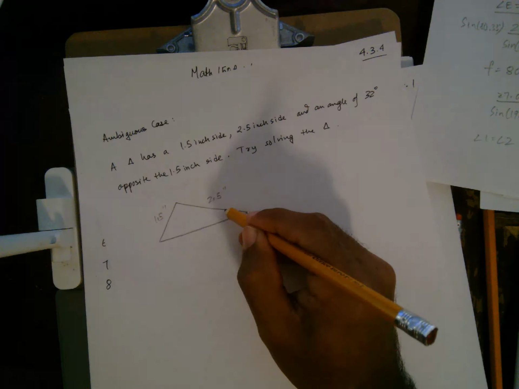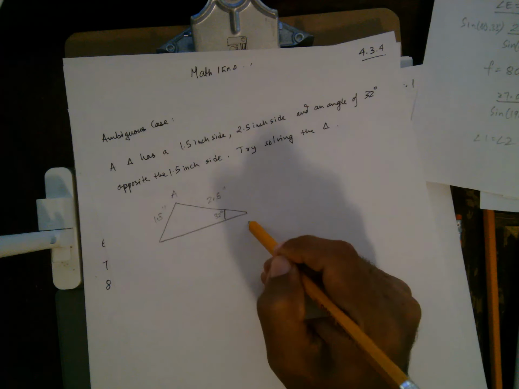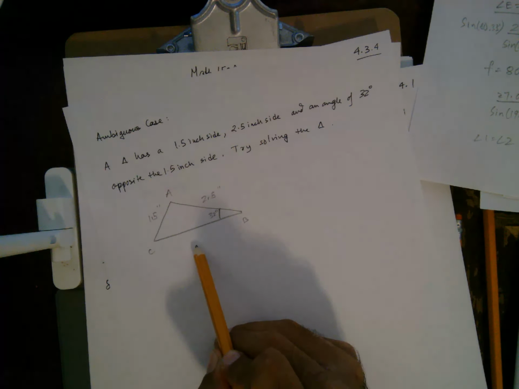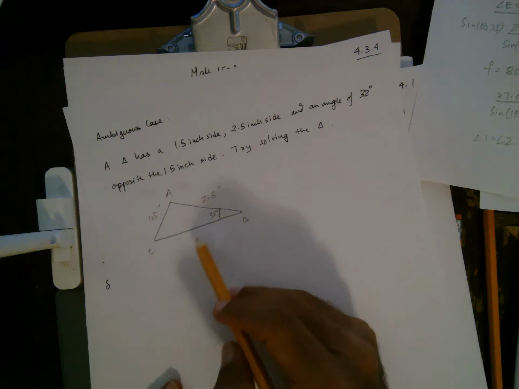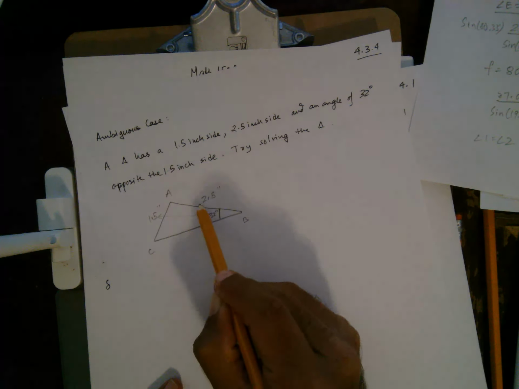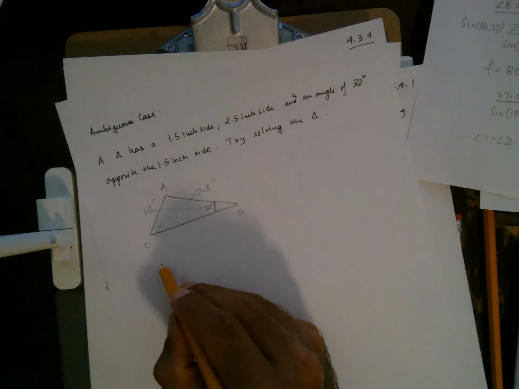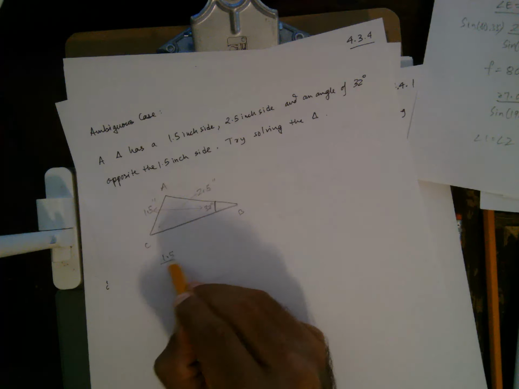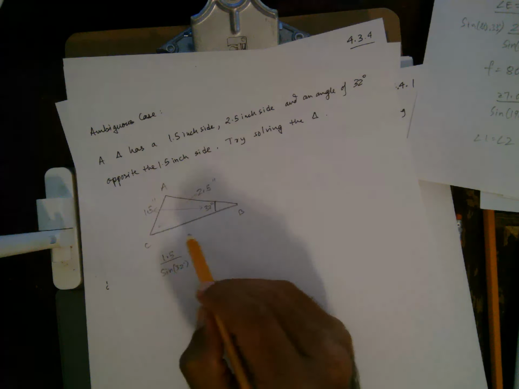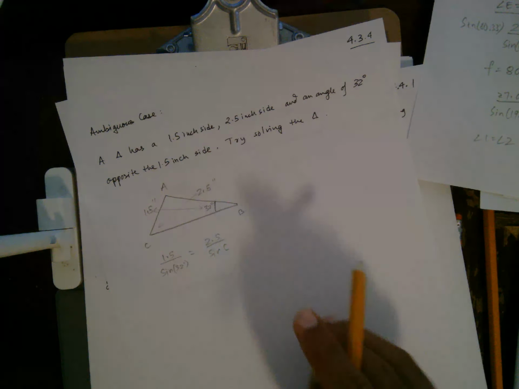Try and solve this triangle. So let's draw something like that. Alright, let's label them. I don't know anything about this third side, so let's see what I can find. I have a side and the opposite angle, and an unknown side and this angle, right? So I can go 1.5 over sine 32 equals 2.5 over sine C.